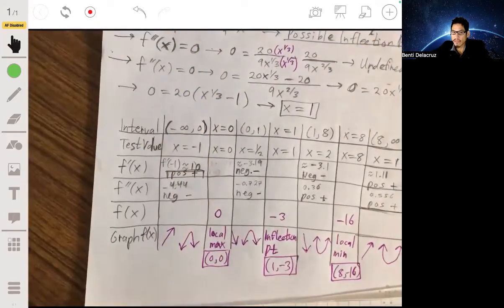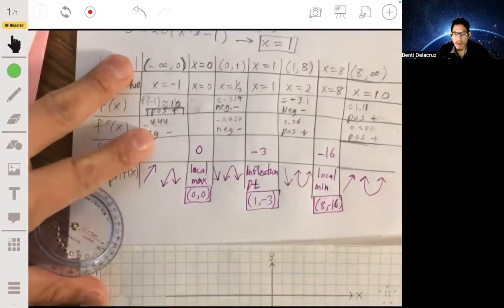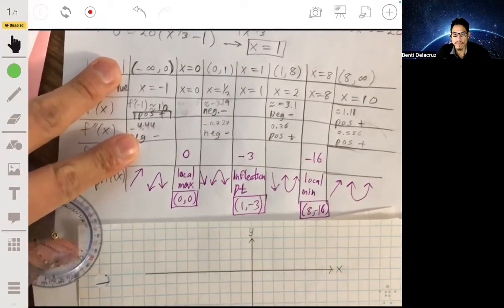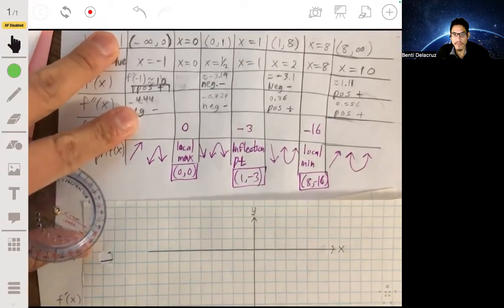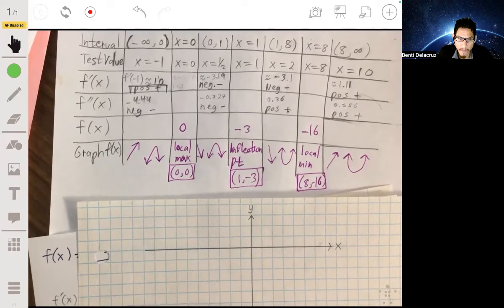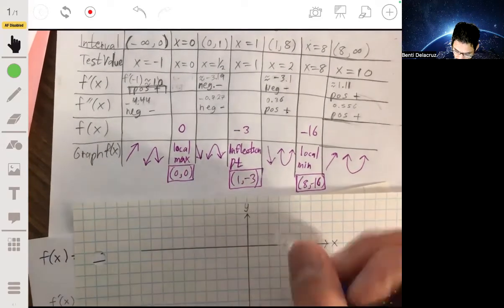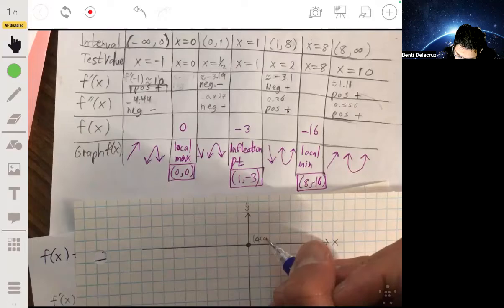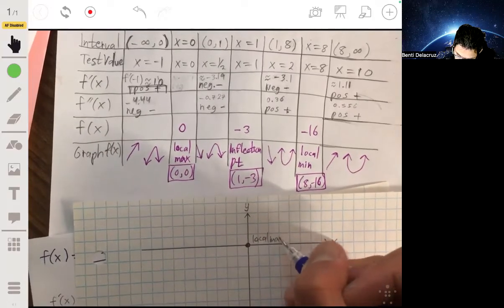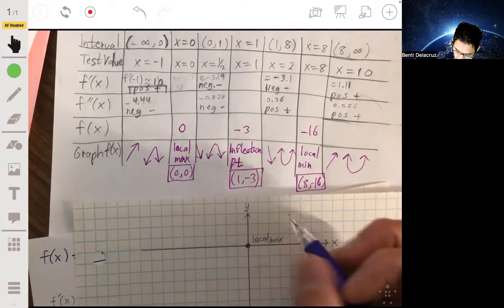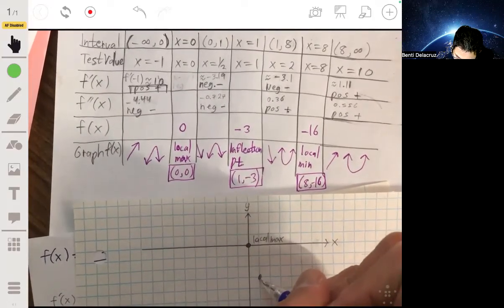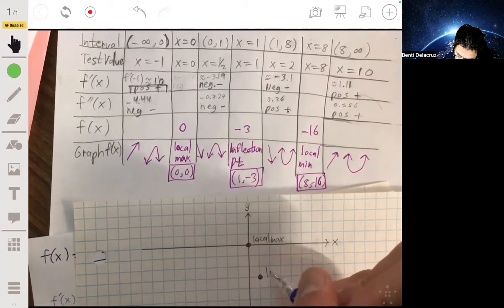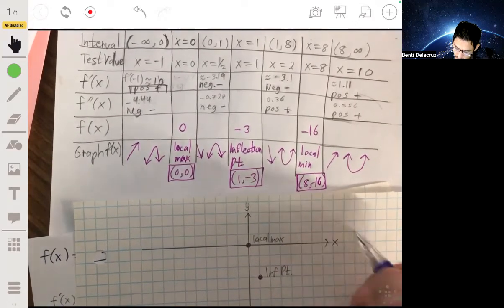Okay, now camera. Okay, so we have a local max at (0, 0). Let's just put a point here, (0, 0). Local max. Inflection point of (1, -3).